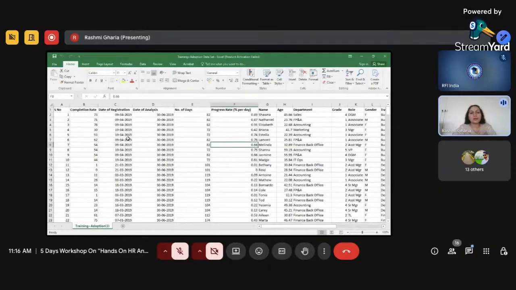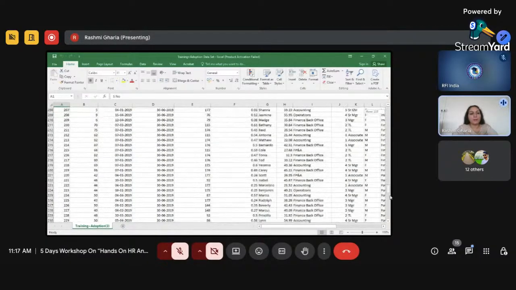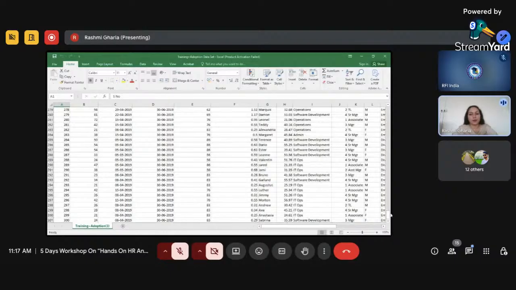So if you see this data set, it comprises multiple variables, or we can say information about the training program organized for the employees, right? So if you see here, the company planned a training program for 300 employees.